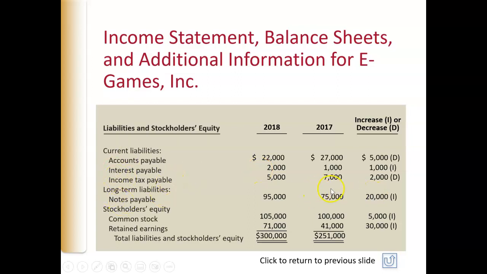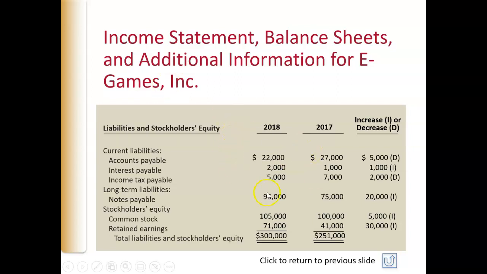Note payable went from 75 to 95. That's an increase of 20,000. When debt increases, isn't that a financing activity? Do you guys get what I'm trying to do here? I'm trying to make it make sense to you.